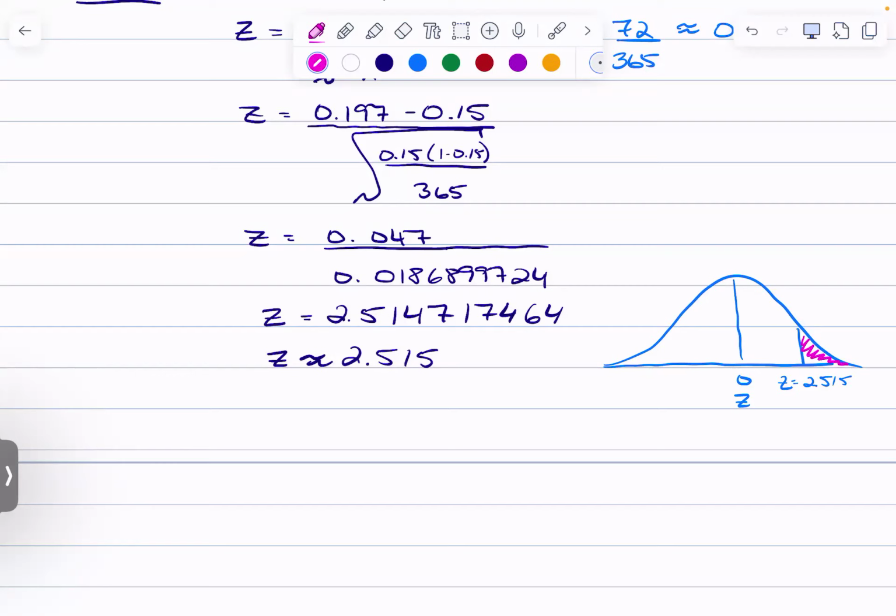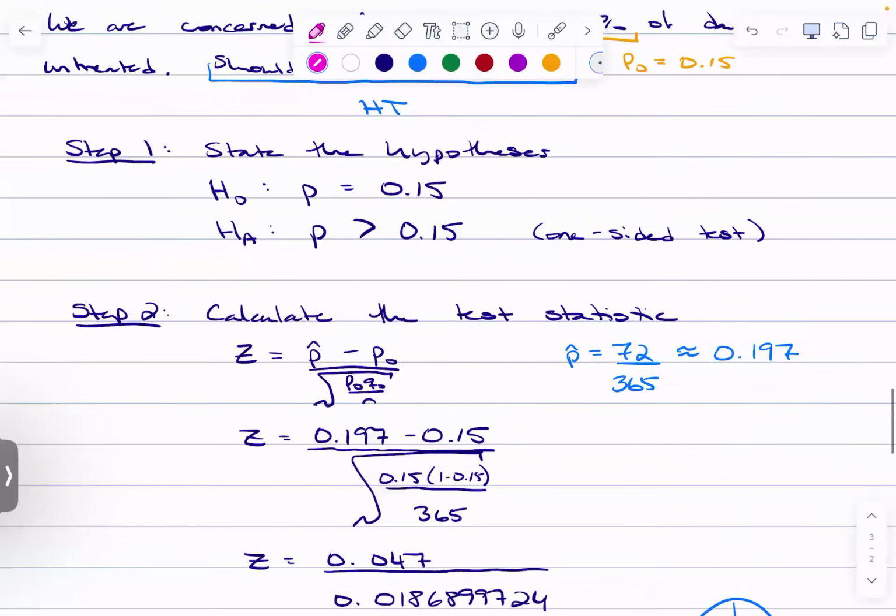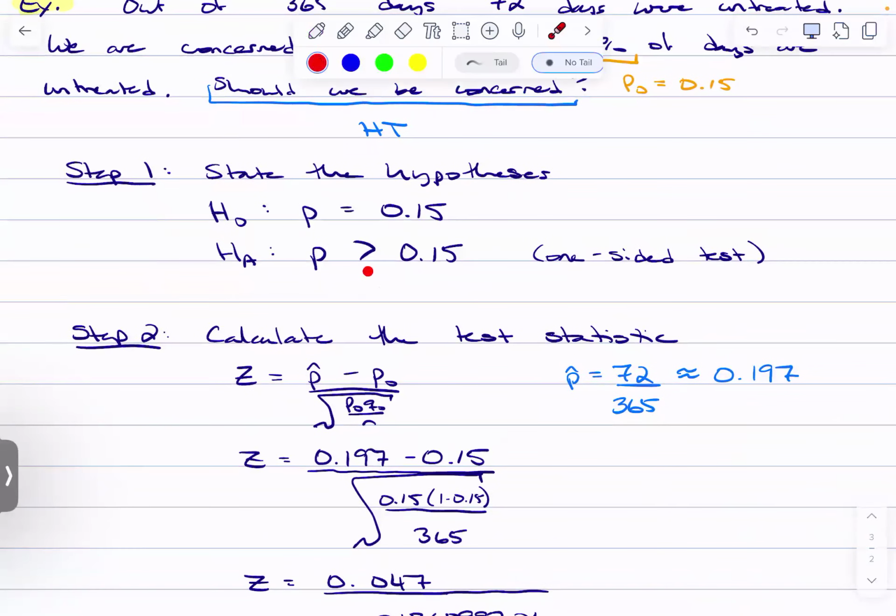Then as long as we remember that the p-value is the probability of seeing something as extreme or more extreme, it should also match your alternative hypothesis. So if I want to prove that p is greater than 0.15, then I want to find the area in the upper tail.